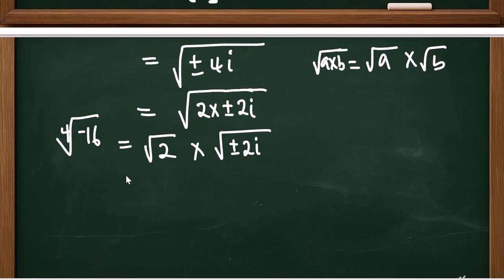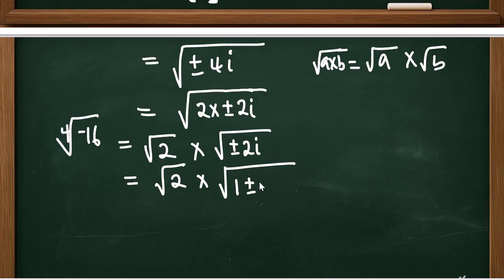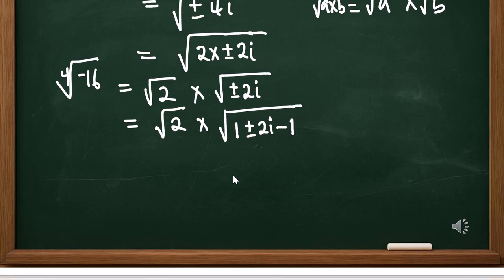Now here, I'm having the square root of 2 multiplied by the second expression. I can make it this way, which is 1 plus or minus 2i minus 1, because 1 minus 1 can get rid of themselves. So you're going to have plus or minus 2i. Now, something is interesting here.